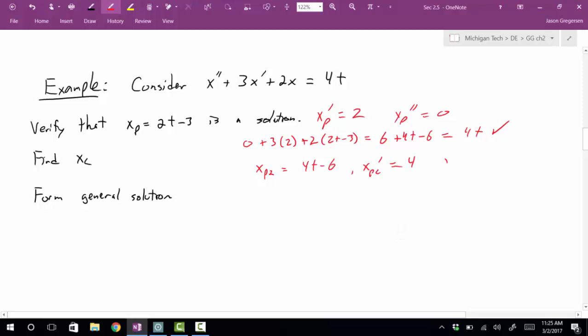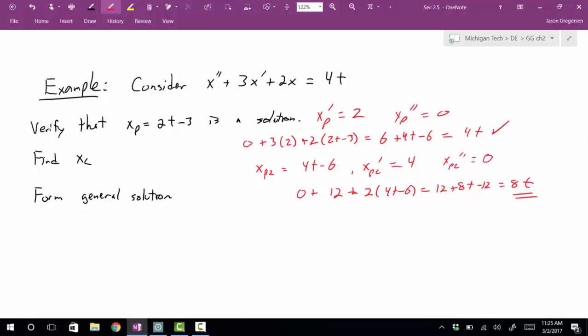That'd be 4. x sub p2 double prime, 0. 0 plus 3 times 4, that's going to be 12, plus 2 times 4t minus 6. That's going to be 12 plus 8t minus 12. That's 8t.